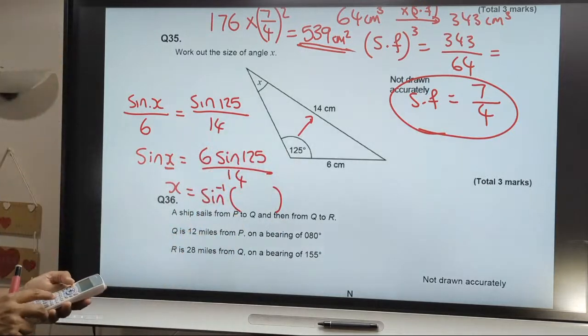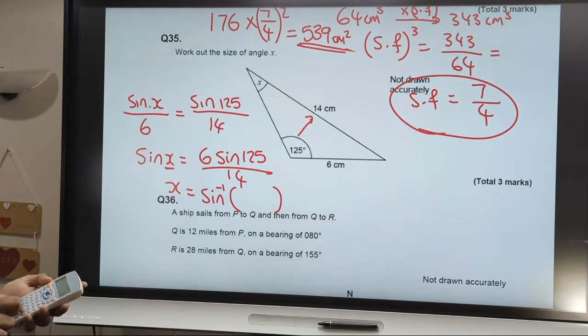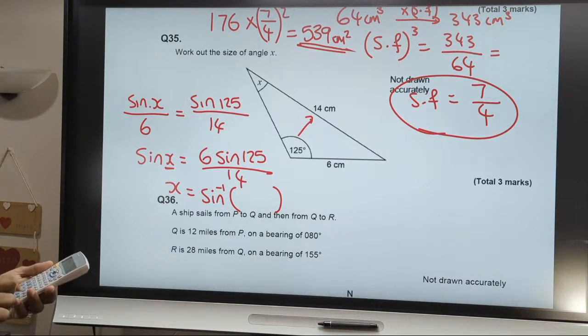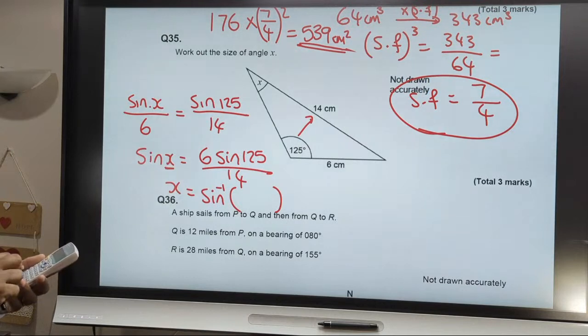Okay, so I just put that straight into the calculator, saying inverse sine bracket 6 sine 125 divide by, okay, I'll probably need extra brackets here. I don't want to be making mistakes.